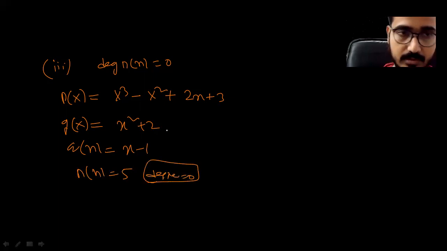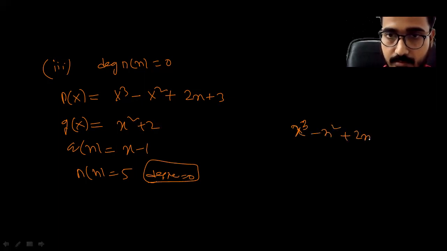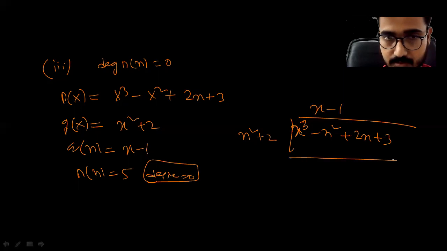So when you divide p(x), that means x cube minus x square plus 2x plus 3, by x square plus 2, you will get the quotient x minus 1 and the remainder 5, whose degree is 0.